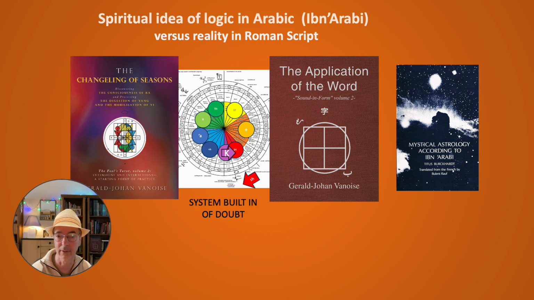The second time I continued this study is in the application of the word, in the second part of Sound in Form, where I also go deeper into the letters themselves. All of that is based upon what I found in Mystical Astrology According to Ibn'Arabi by Burckhardt, a very small but very interesting book which also explains these things. I explain it differently, but I have a small review of how I see it in perspective of the letters.